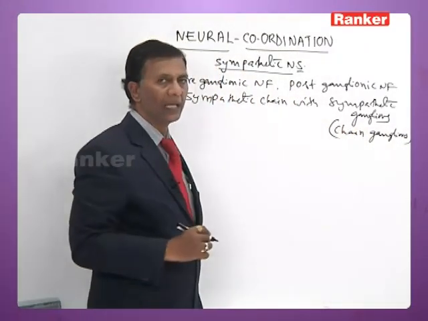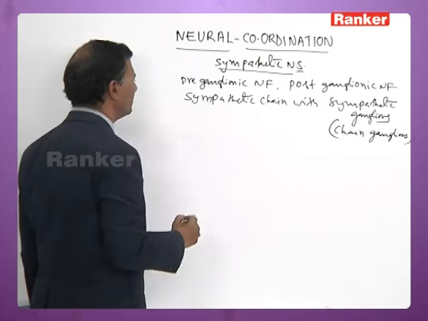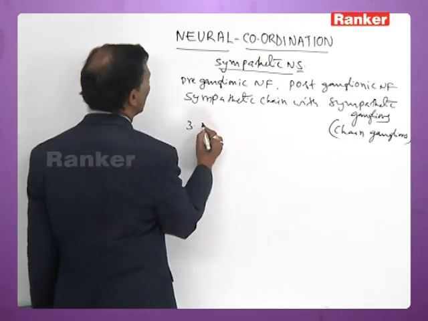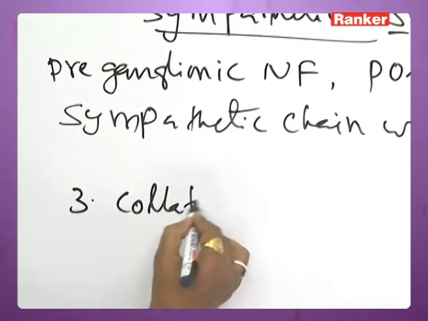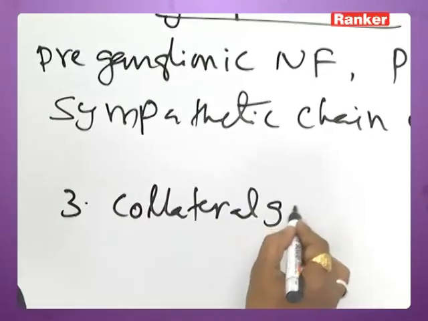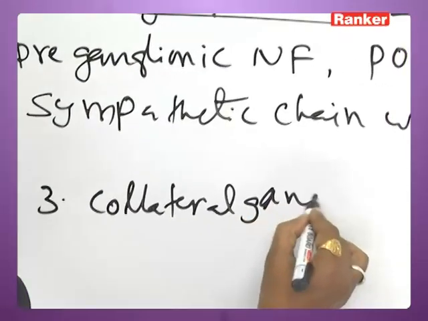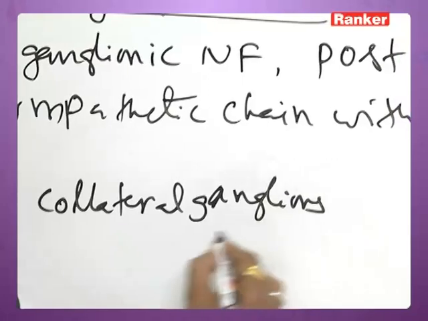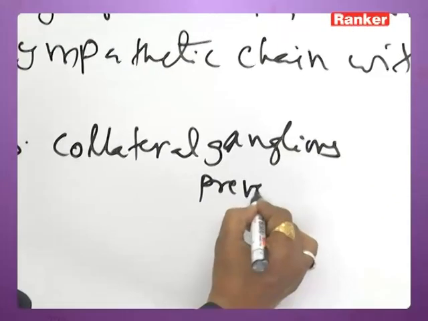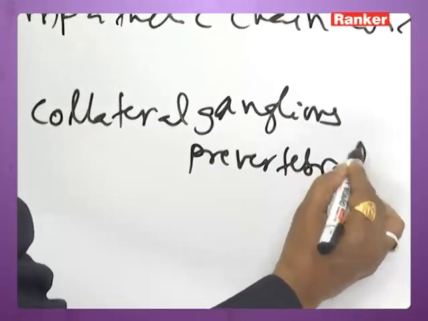Then you have three collateral ganglions, which are also called prevertebral ganglions.